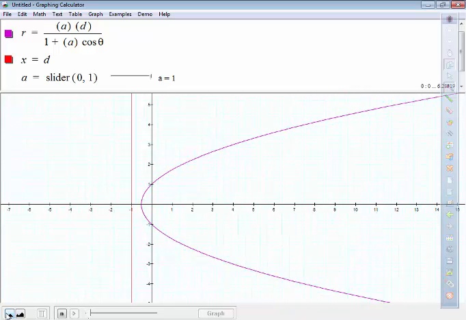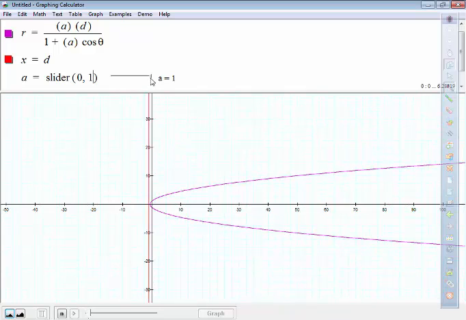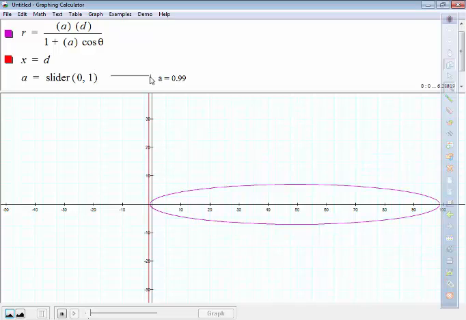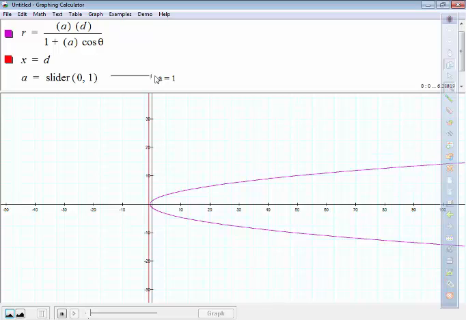Now, it's hard to see this, but let me see if I can zoom out. So that's 0.99. And then there's only one step after that where it becomes 1 already, so that just breaks off and becomes a parabola. When it goes past 1, what happens? It becomes a hyperbola.